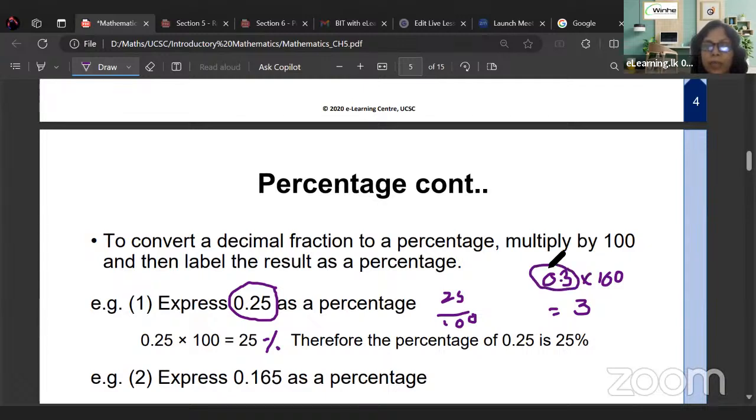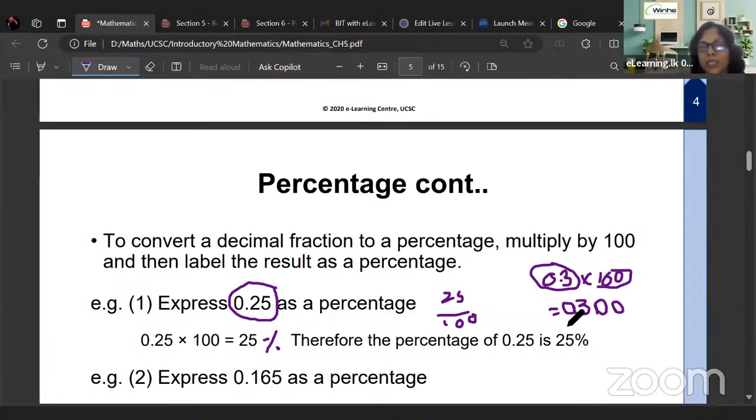Consider the whole number, write it without the decimal point, and what we have to do is add 2 zeros at the end.